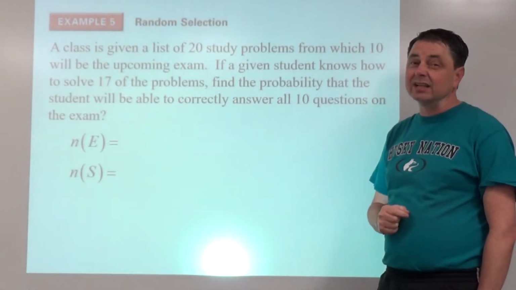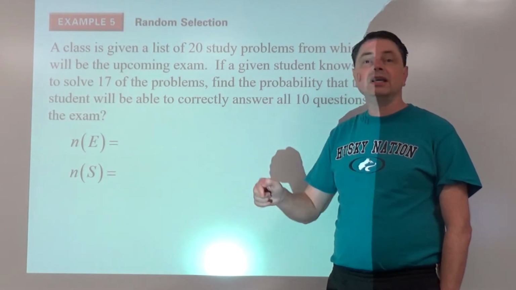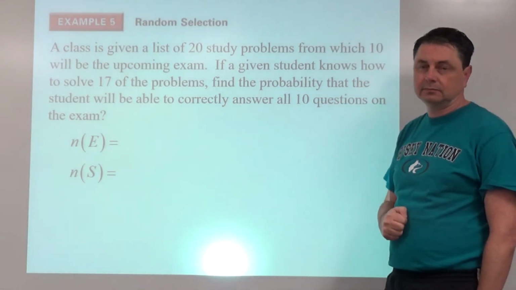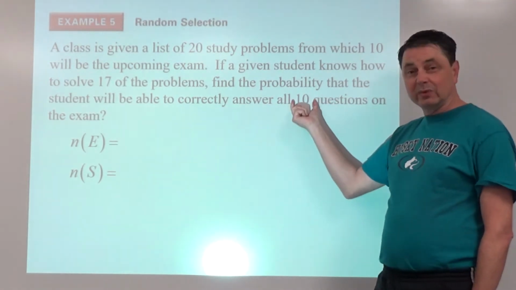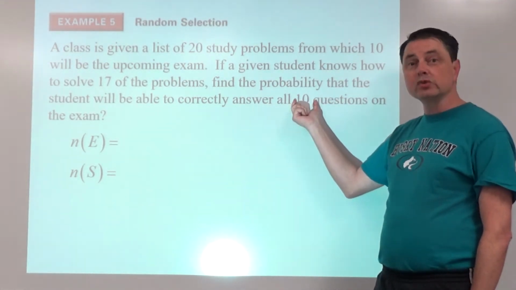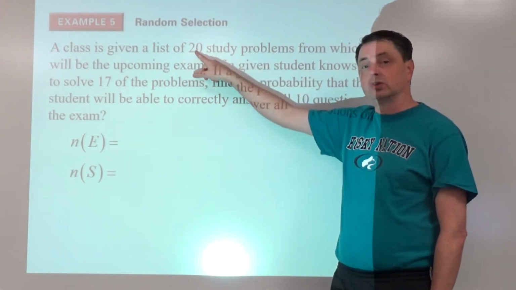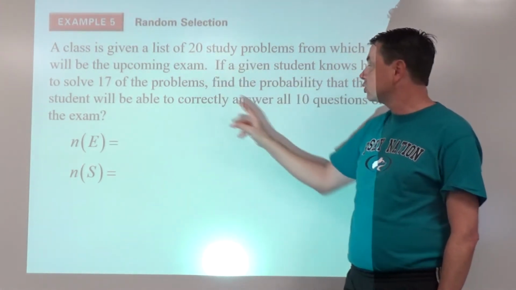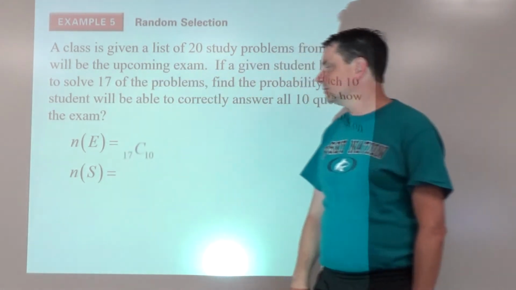But you got to get them right. So think of it as a combination. How many out of how many? Well, if we're talking about the ones that we can do right, we have to get 10 of them. Chosen from how many? Not the 20, because you don't know how to do all 20. It's 10 chosen from the 17.